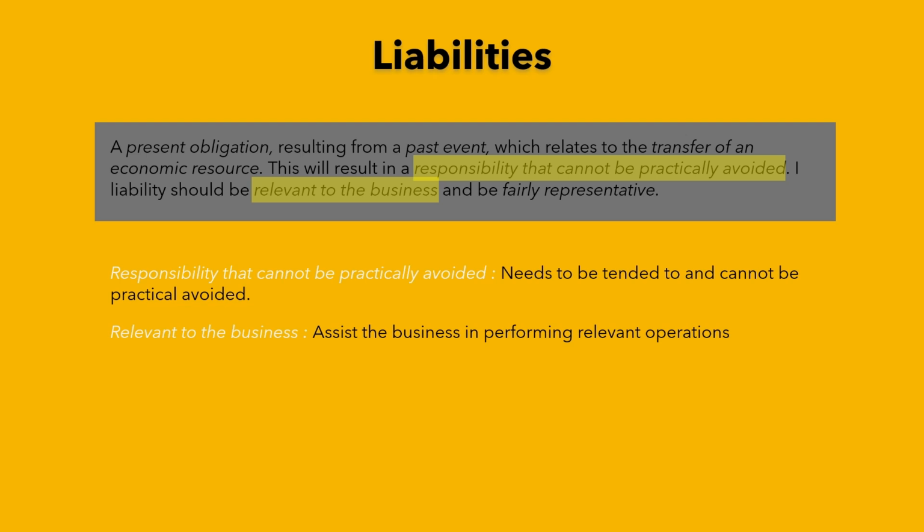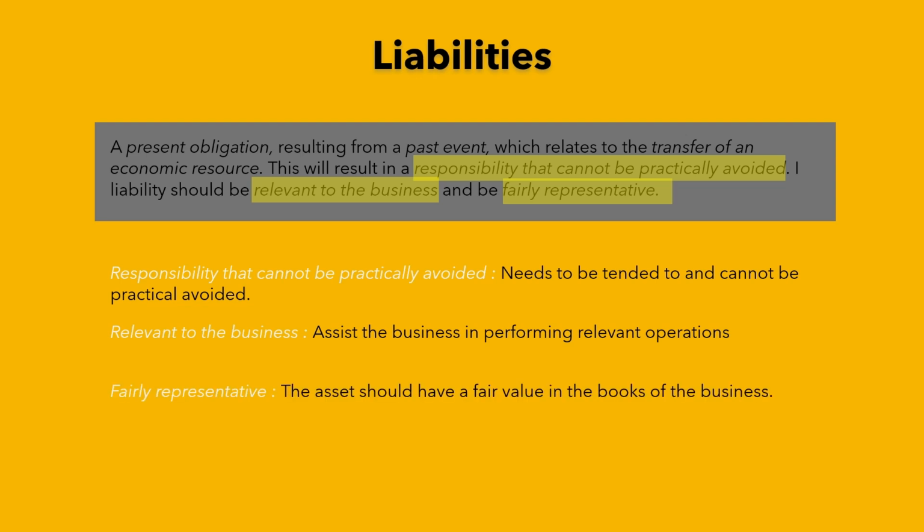The present economic resource that has been obtained to assist the business in performing its relevant operations. So that vehicle was needed to make deliveries, even if it was on a loan. Then fairly representative, the liability should be of fair value in the books of the business. You can't say you loaned more or less money than you actually did.